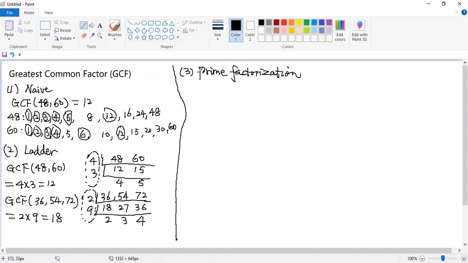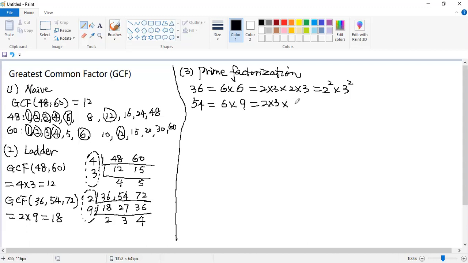So first, we find the prime factorization of 36. 36 equals 6 times 6, and 6 equals 2 times 3, so we get 2 squared times 3 squared. 54 equals 6 times 9. And 6 equals 2 times 3, 9 equals 3 squared. So we get 2 to 1 and 3 to 1 times 3 to 2 equals 3 to 3.